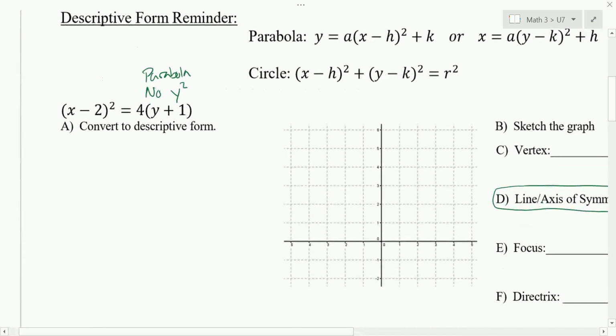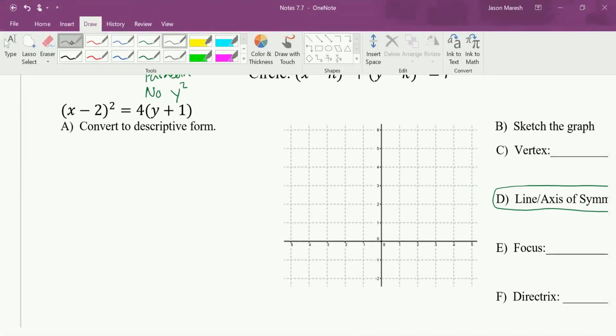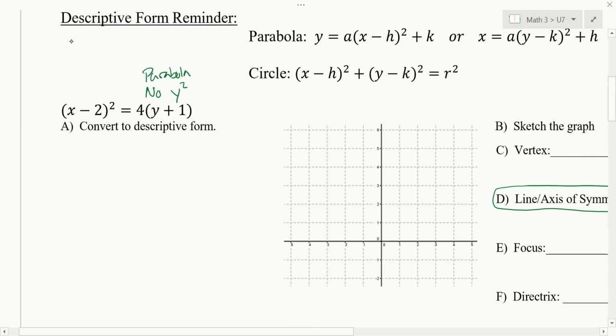So, convert to descriptive form. All right, you guys are the experts now, right? So what do we do? How would you do that? Distribute the 4. Okay, should I multiply out the x minus 2 as well? Good. All right, you guys are the experts. So you got x minus 2 squared is 4y plus 4. Subtract the 4.